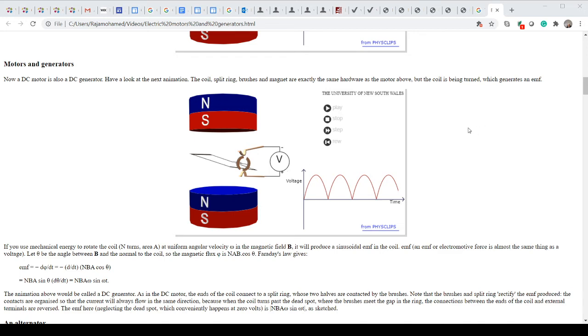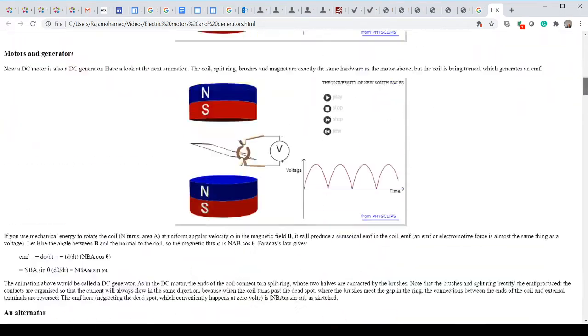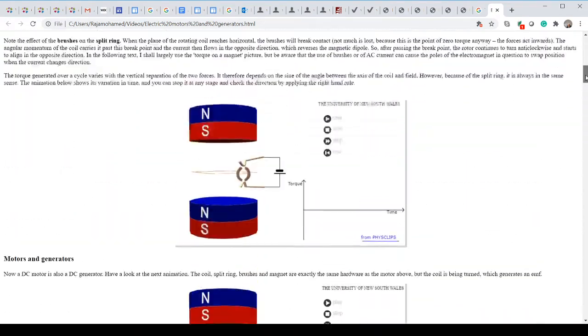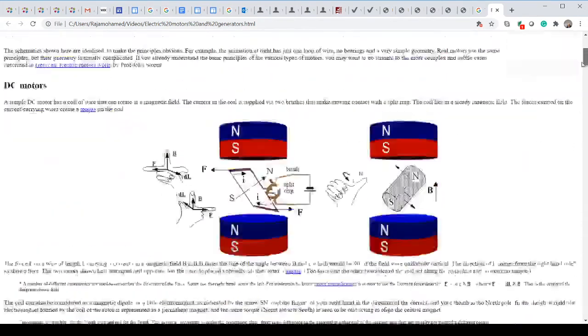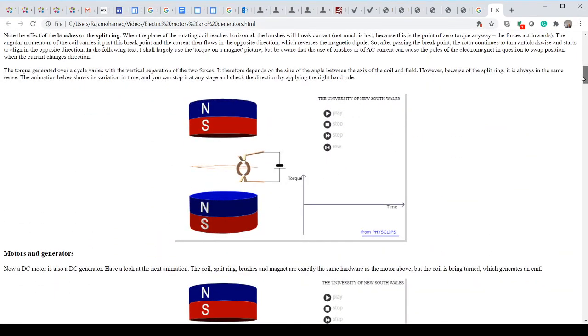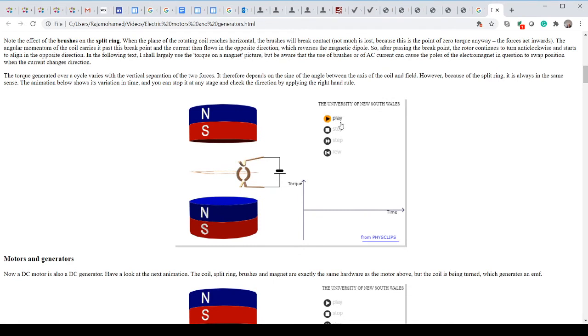And if you go to the DC motor, then you can understand how it works. In the motor, we give the input electric power supply. We have the magnet and the coil. Now I play the DC motor, and you see this is the input electrical energy we are giving to the DC motor. You see the rotation of the coil, and torque is produced, because the output is what?